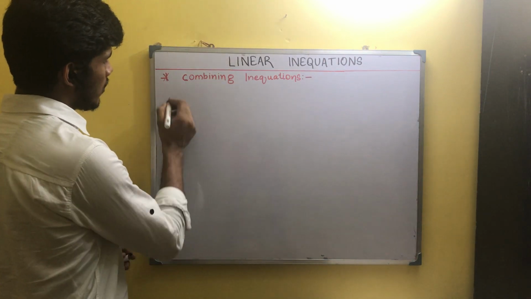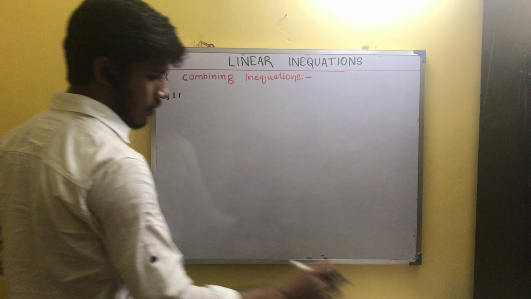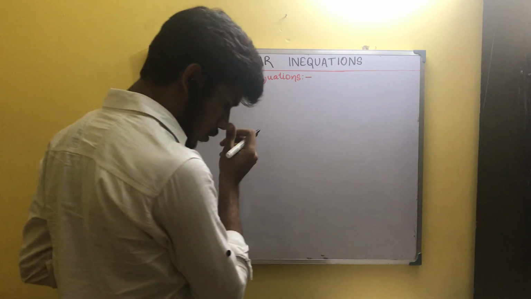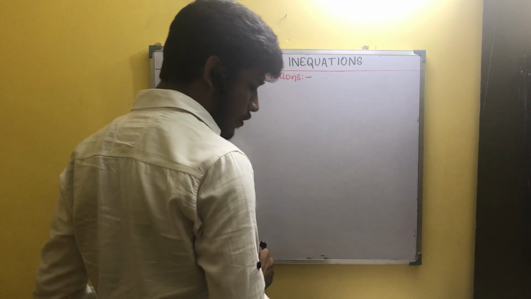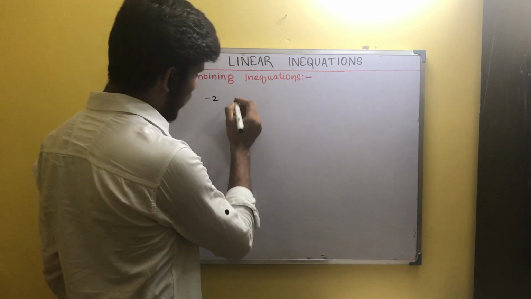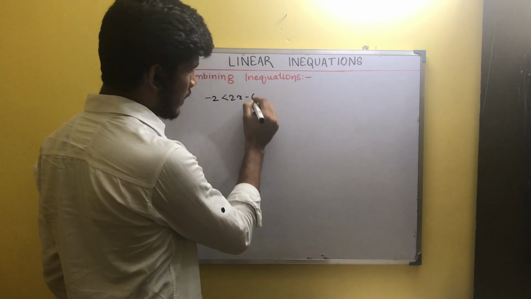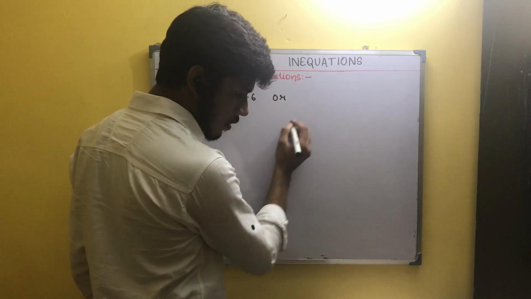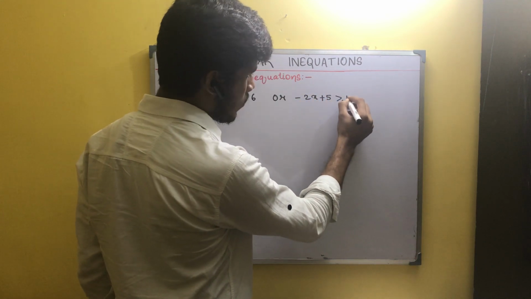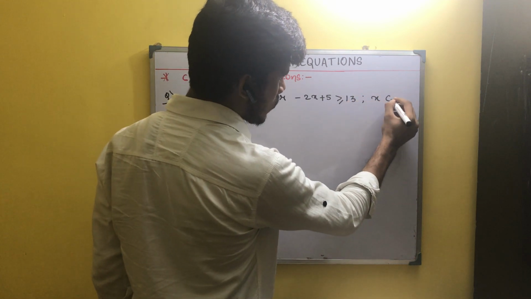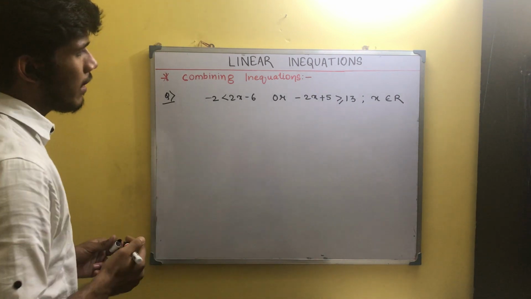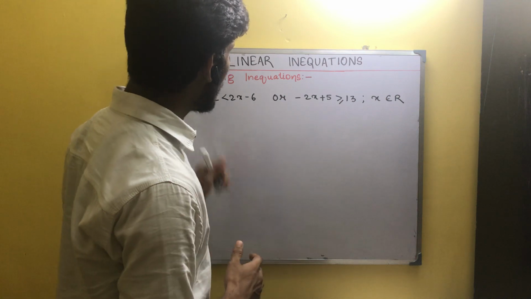Let us try to solve question number 11, that is example 11. We have a question: solve and graph the solution set of the inequation given: -2 less than 2x minus 6 or -2x plus 5 greater than or equal to 30, and x belongs to R. So we need to solve this inequation and further graph the solution on the number line.